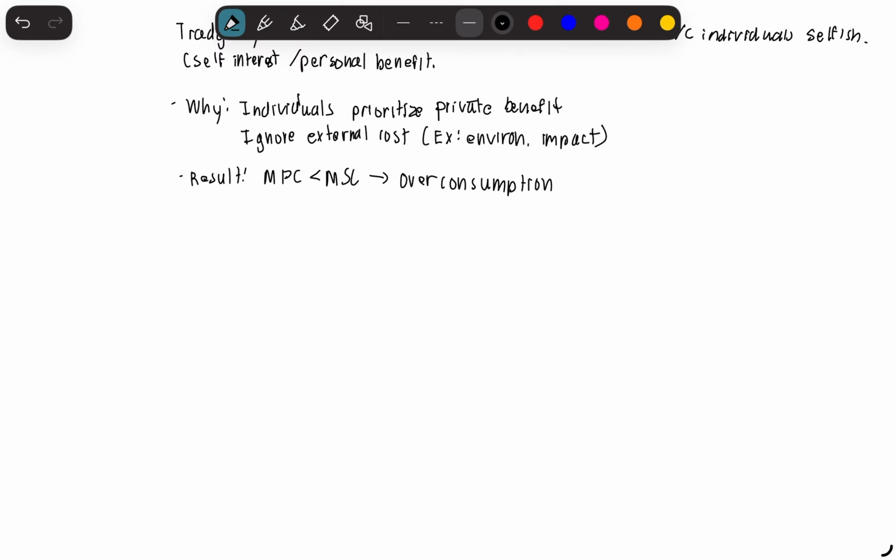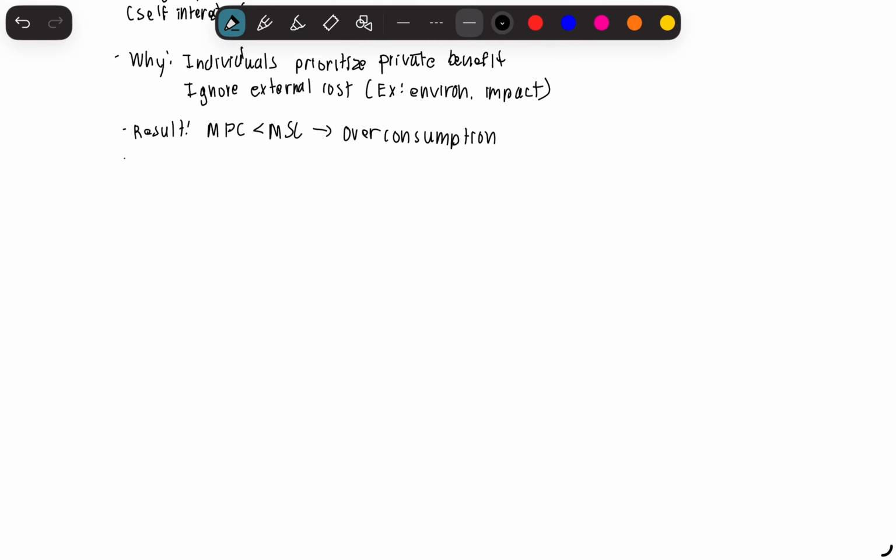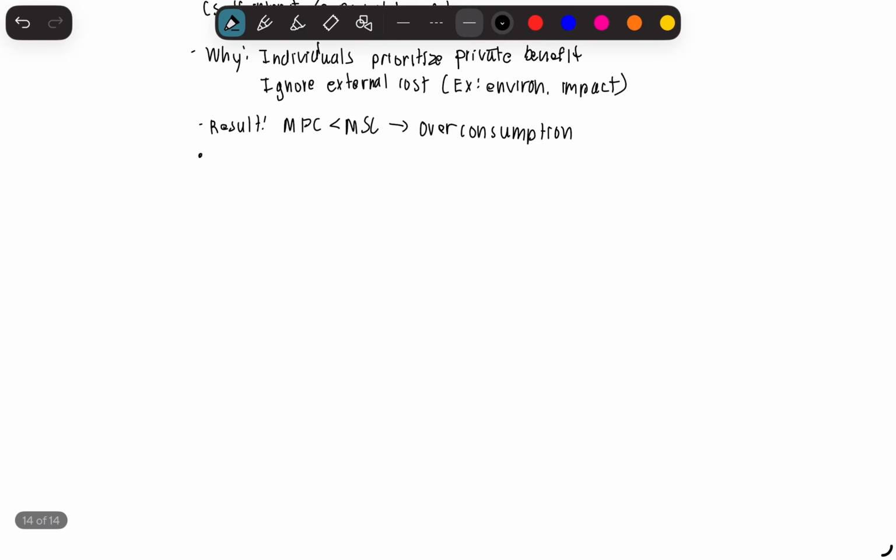So what are some characteristics of tragedy of commons? This means that you have something that is non-excludable, aka you cannot prevent people from accessing it.